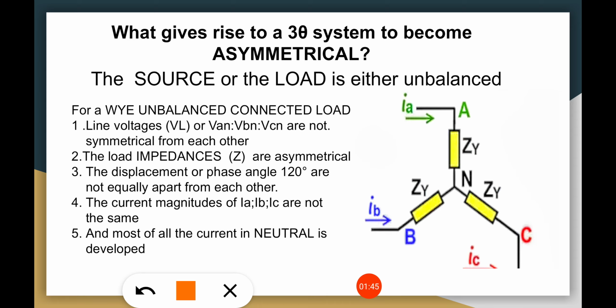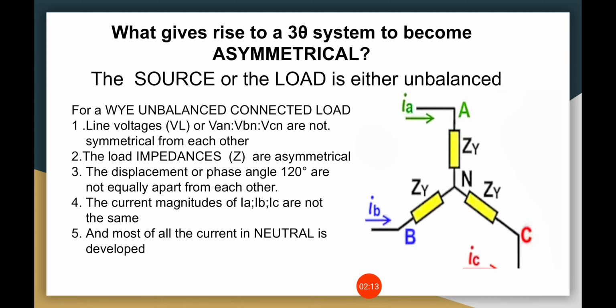The displacement of the phase angle is also not equal. They don't have the 120 degrees equally apart from each other.